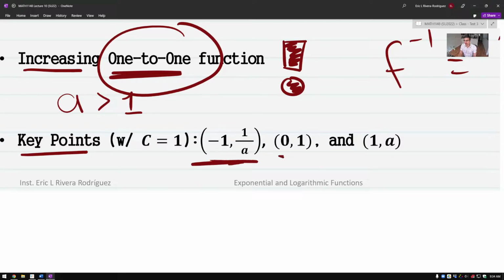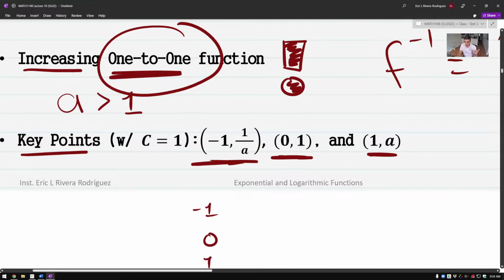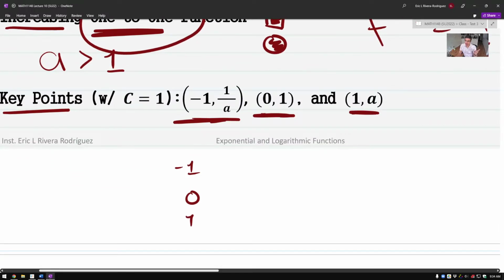Look at the shape or format of those points. We are going to use the easiest values as inputs: the first one is 0, and the other easy ones are 1 and -1. So we are going to use -1, 0, and 1 as the x values for the key points.